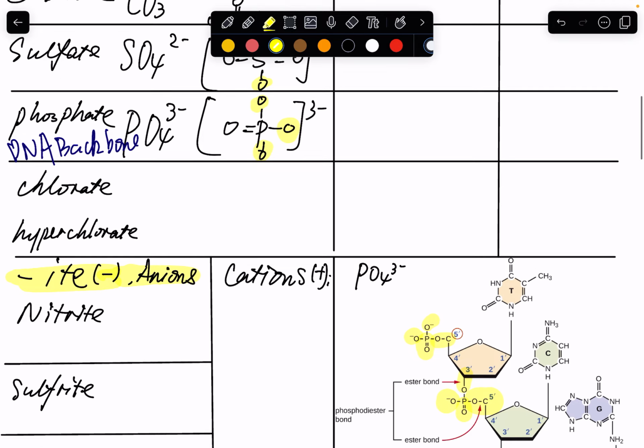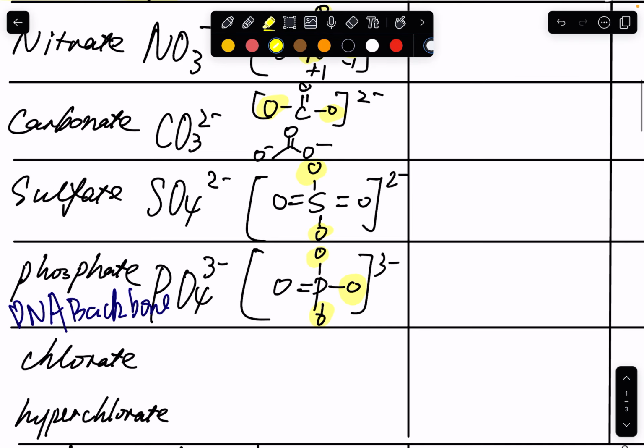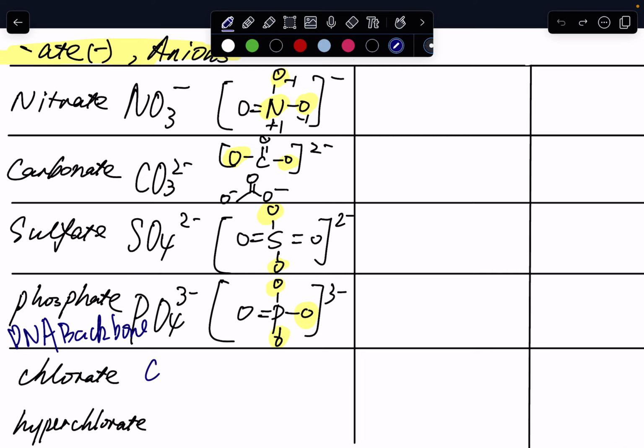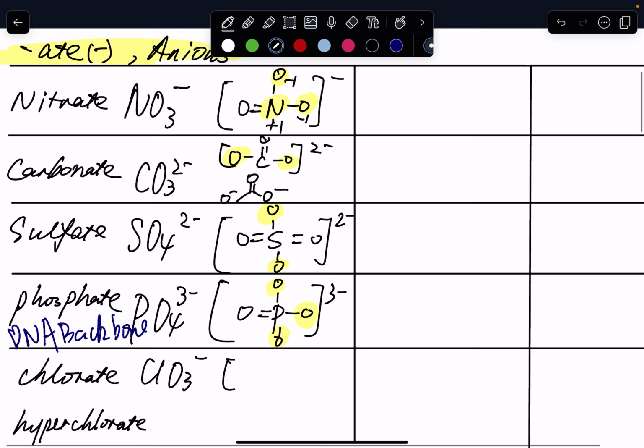Okay, so now we can move on to the last ATE. The last ATE is chlorate, okay? So it's Cl, chlorine, and then how many oxygens? 3 oxygens, and it has a negative 1 charge. So I have Cl as my central atom, and I have 2 oxygens that are neutral and 1 oxygen that is contributing to the negative charge, okay?